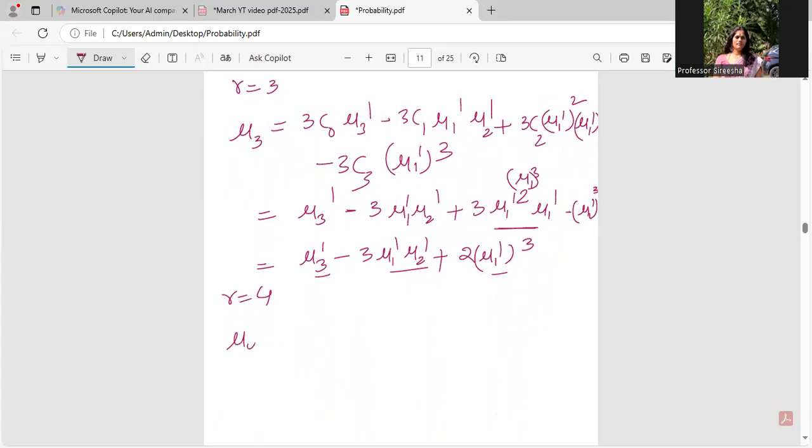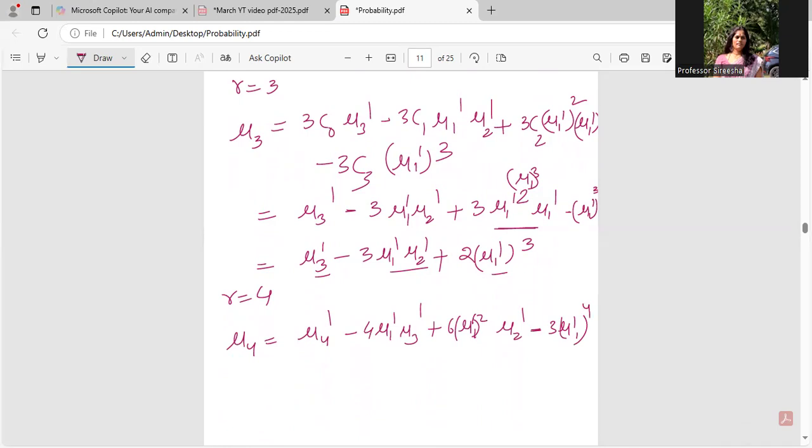Mu4, you see, again the binomial coefficients, 1, 4, 6, 4, 1, right? So mu4 prime, 4 mu1 prime mu3 prime, plus 6 mu1 prime squared mu2 prime, minus 3 mu1 prime whole power 4. Actually this would have been 4, but it has vanished off because of that 1 plus 1.